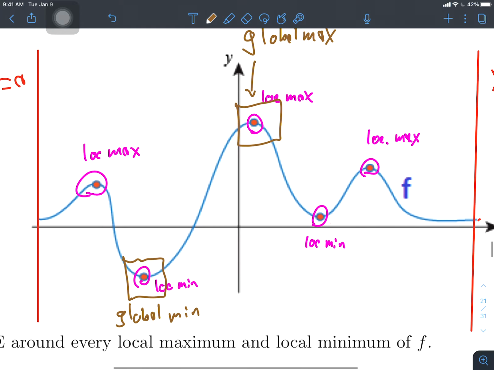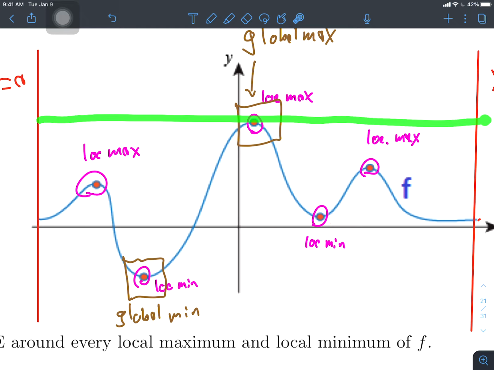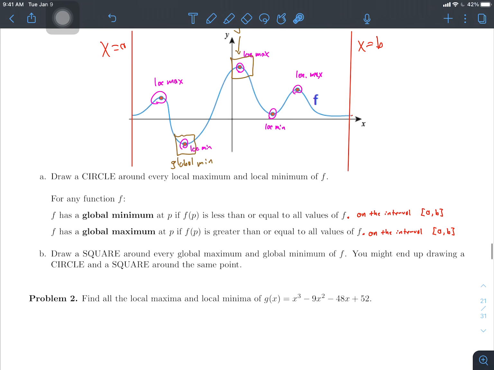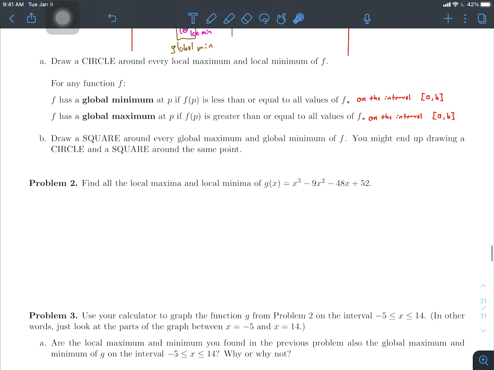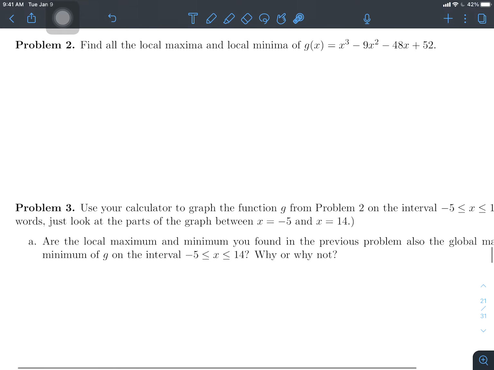Meaning that there's no other points on the function in between a and b which are higher than that one. Okay, so that's the pretty simple idea that we're going to talk about today.